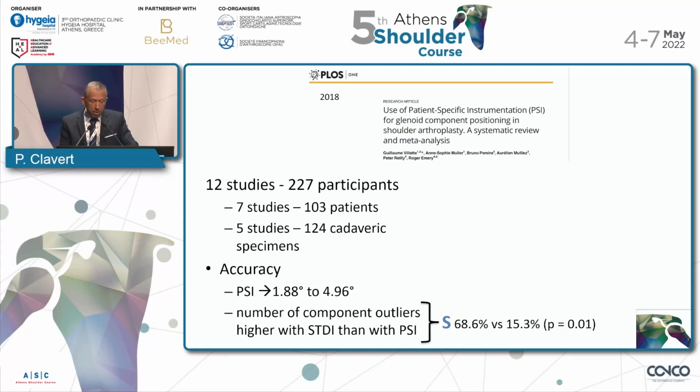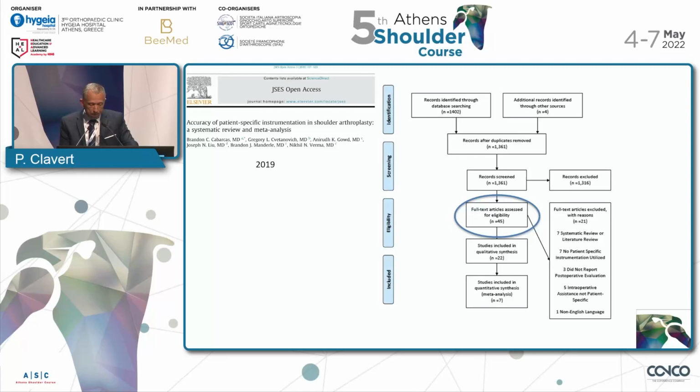The accuracy was also in favor of the PSI, but the difference between the 2 groups was less than 5 degrees. And we still don't know, if you put together the error of measurement and the error due to the reconstruction in the planning, whether these 5 degrees are within the error of measurements. But it's still in favor of the PSI.